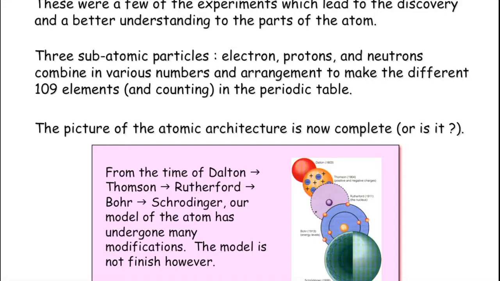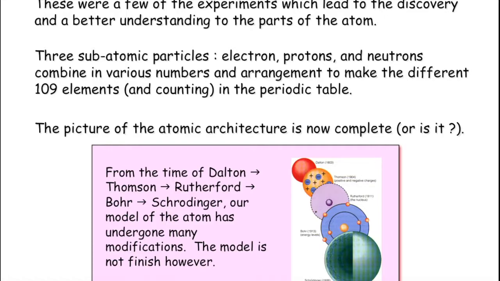And there are theories out there that say that when you go past protons, electrons, and neutrons, you get to quarks. And when you get past quarks, you get into even smaller subatomic particles. And that eventually you get to something called strings. And these strings are what is responsible for everything that we see.